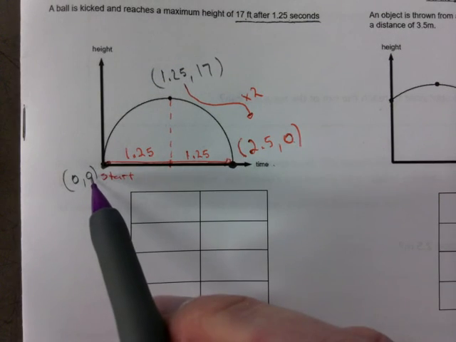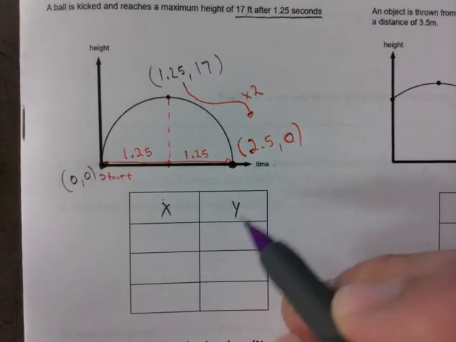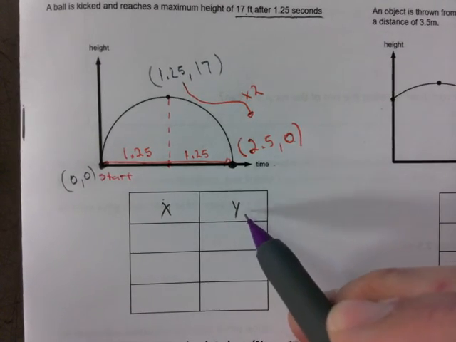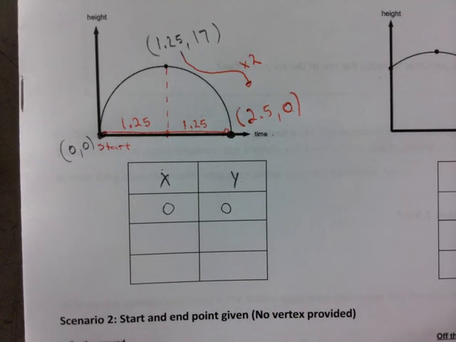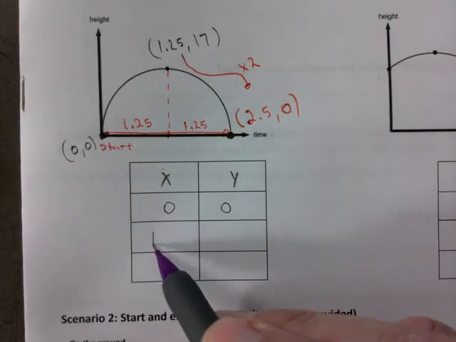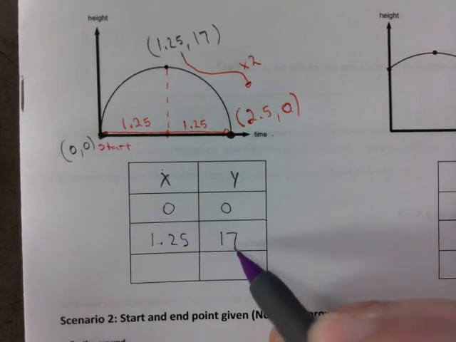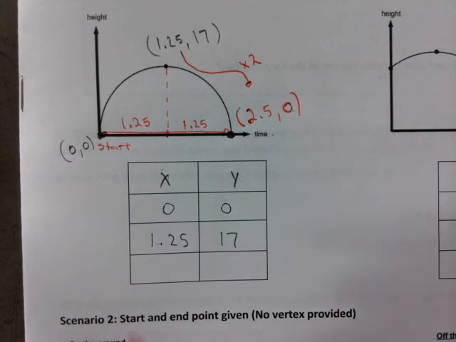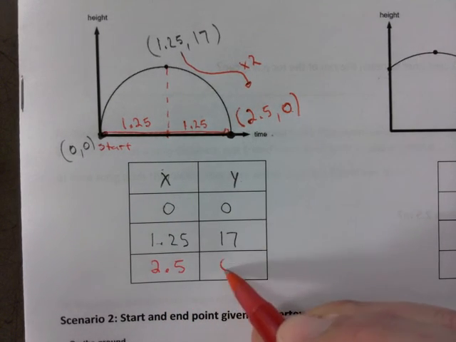Because 0 was the starting point. So you go x and y, right? Time and height. You fill that in. 0, 0. At the very top, you're at 1.25, 17. And this is the one you found, 2.5, 0.